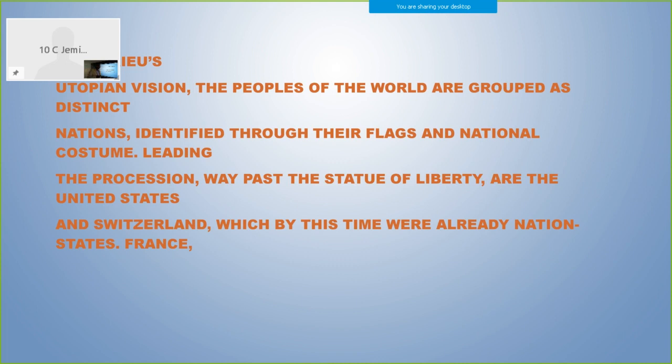The 13 American colonies got freedom from their common enemy Britain, and they were created into a nation state.